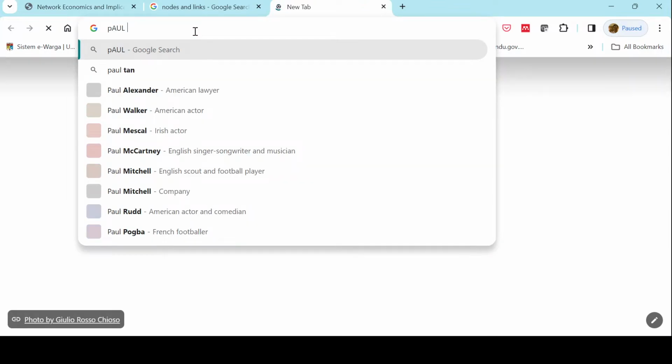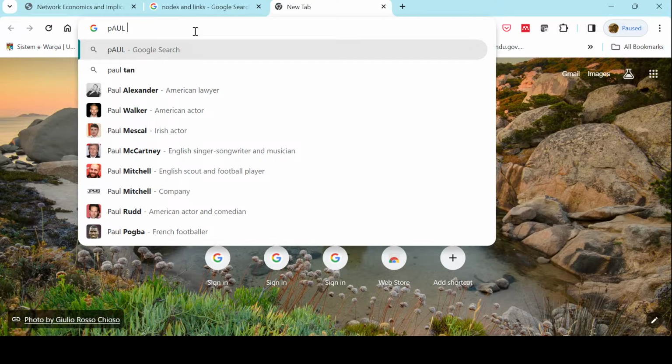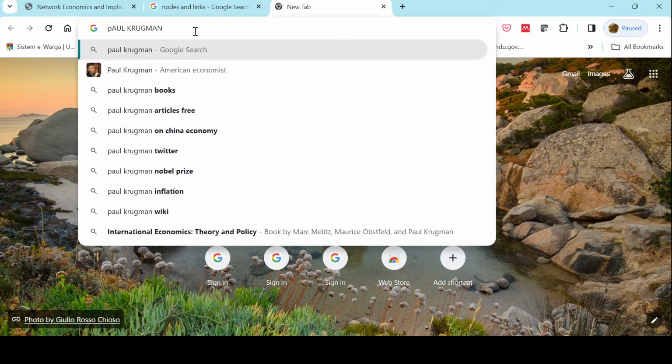I've found that he's among the few economists who added one chapter inside his microeconomics textbook on network economics. So he's into this.